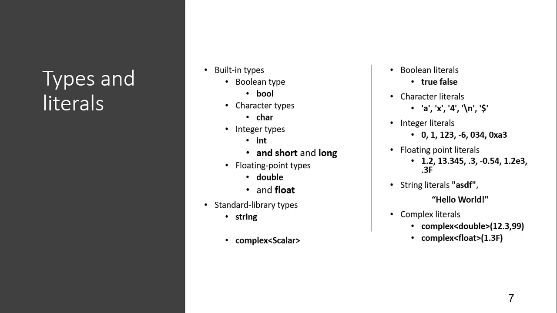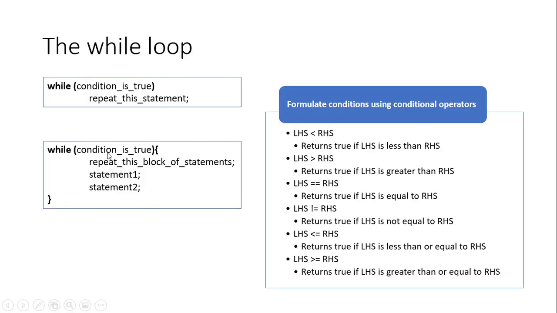Now C++ gives you a lot of power as a programmer. Ideally in the while loop you should have a condition here, and this condition should be constructed using these relational operators. The output of the relational operator is a logical value, either true or false.